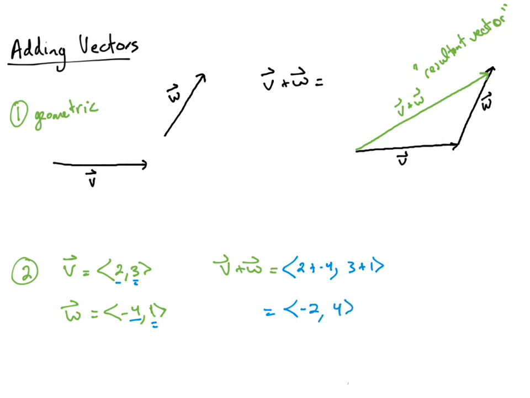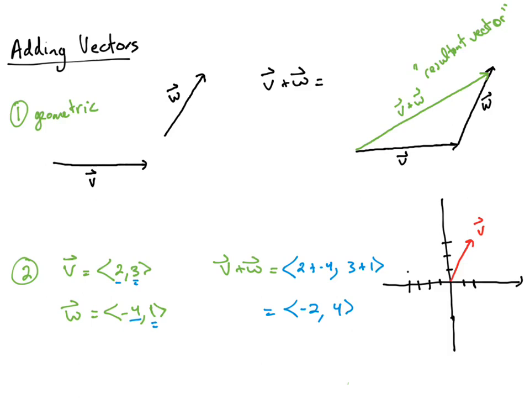All right. And so what does this mean geometrically? Well, if we think about this on the xy plane, which is what we will do, vector V, we say is 2 in the horizontal direction, 3 in the vertical direction. So this vector right here, we say is vector V. And then vector W is -4 and +1.